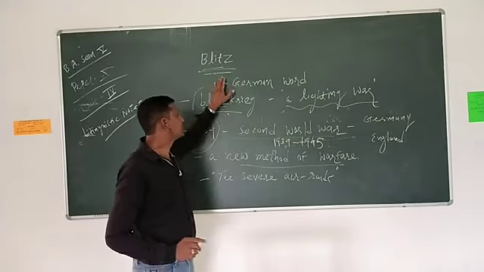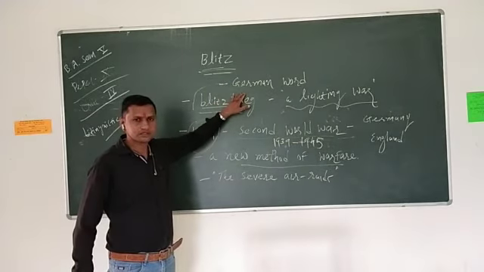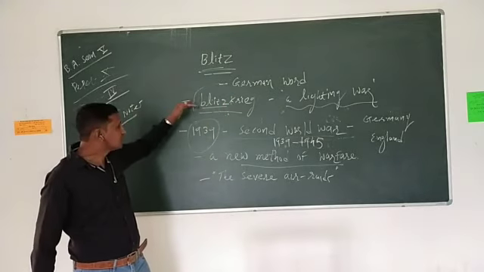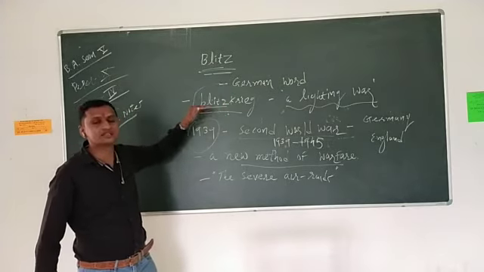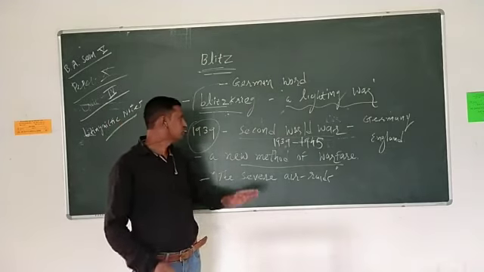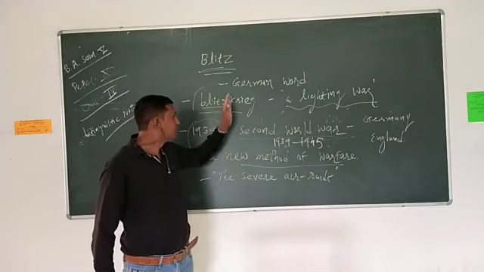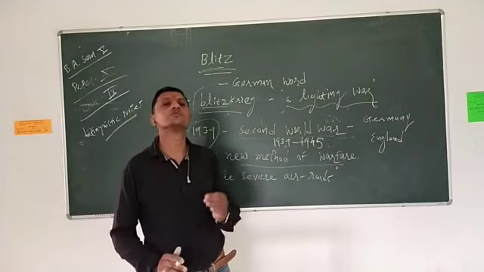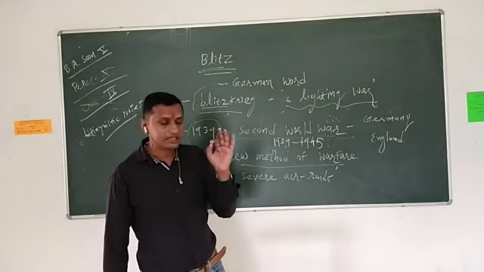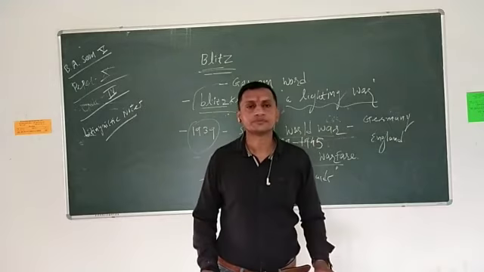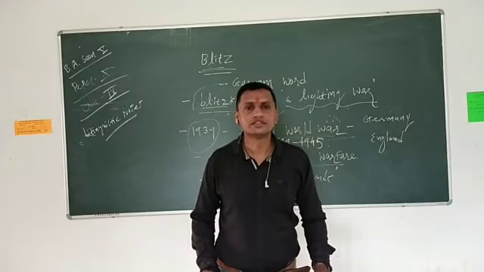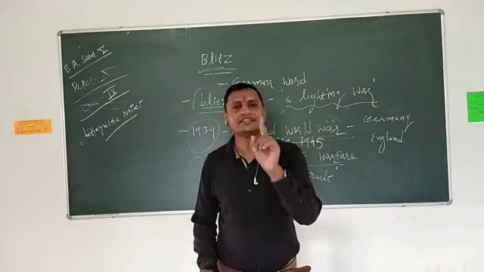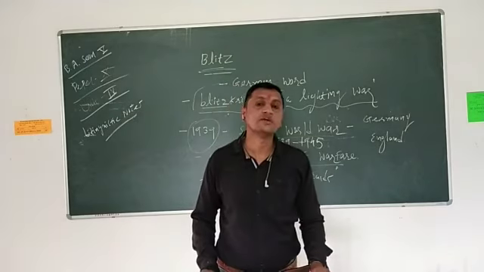Once again, let us get the short meaning of the words. First, Blitz is a German word, derived from the German language. Blitzkrieg is the word in German, which means lightning war. That word came into English during the Second World War, 1939 to 1945.